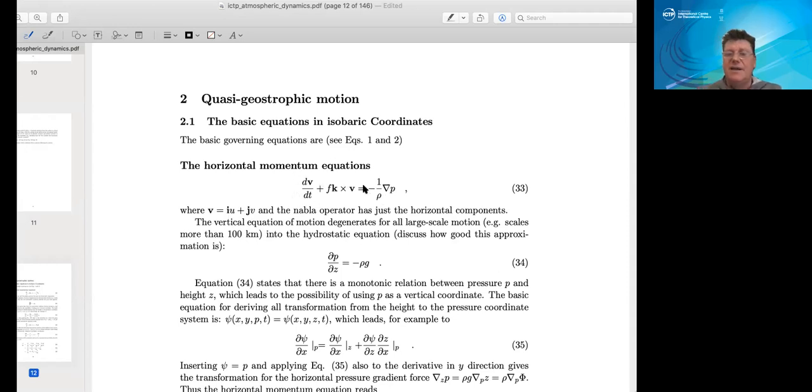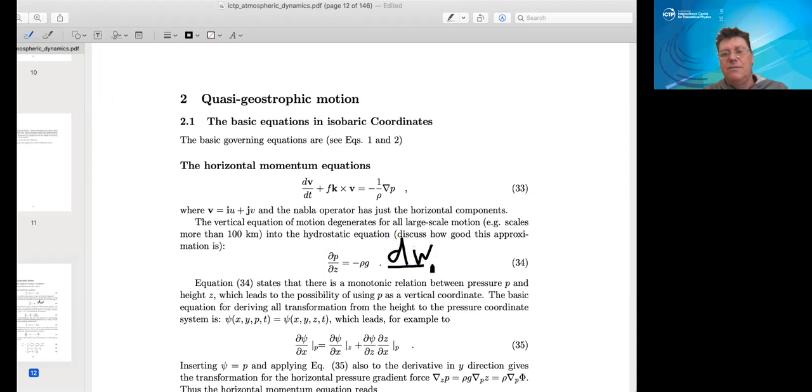But in the vertical, we assume something different. In the vertical, we assume that there is this hydrostatic equilibrium. And how good is this? So how does the vertical momentum equation look like? The vertical momentum equation would contain an additional term proportional to the acceleration of the vertical velocity, right?